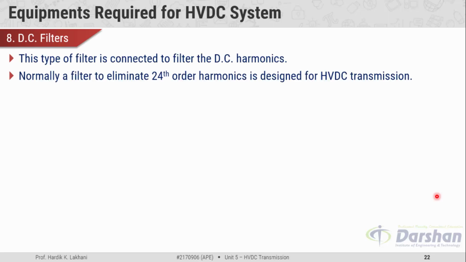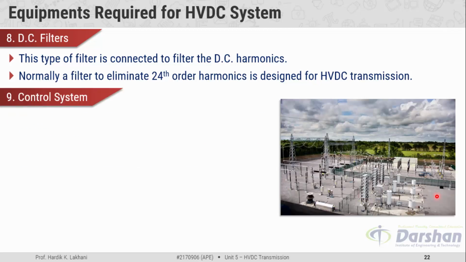DC filters, which are present at the DC link. This type of filter is connected to filter the DC harmonics. Normally a filter to eliminate the 24th order harmonic is designed for HVDC transmission. Thereafter, the control system.